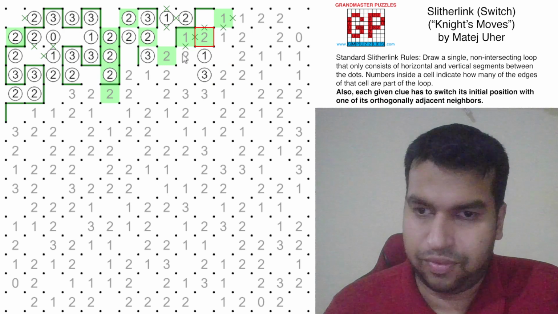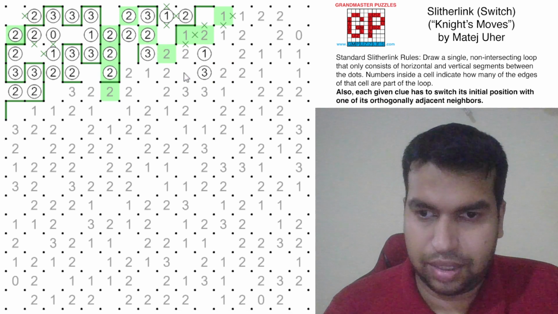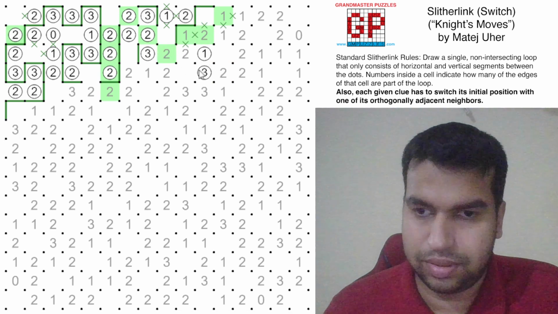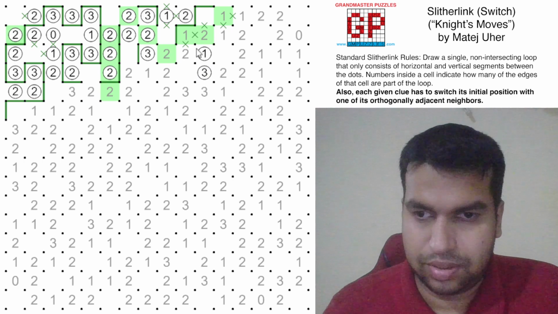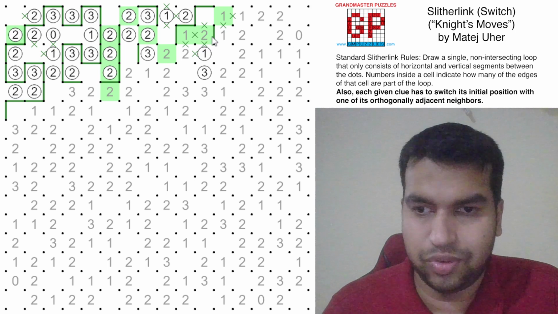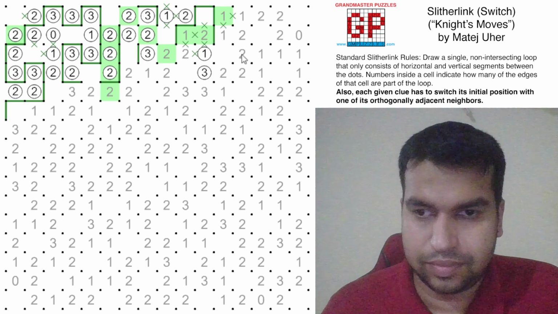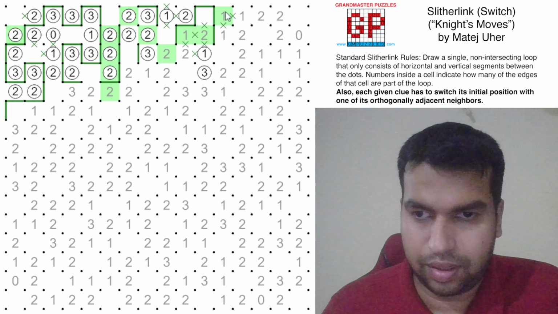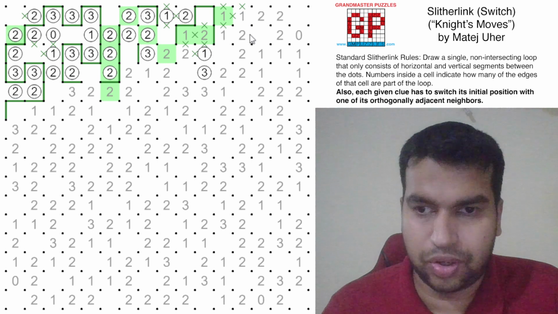And that forces, actually, no. So this 1 being here gives us these 2 crosses, and that means since we know this 2 is a 1 value, forces this, and this gets forced as well. So we can put some more crosses in.